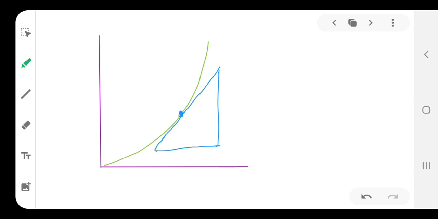The curve bends like this, whereas the triangle's hypotenuse is in another direction. So there is some deviation on both sides. That means we are not measuring it accurately, right?